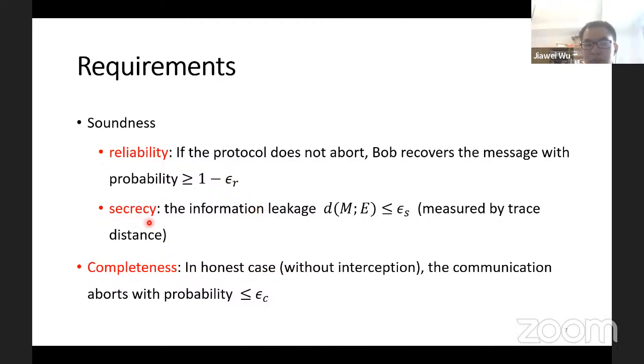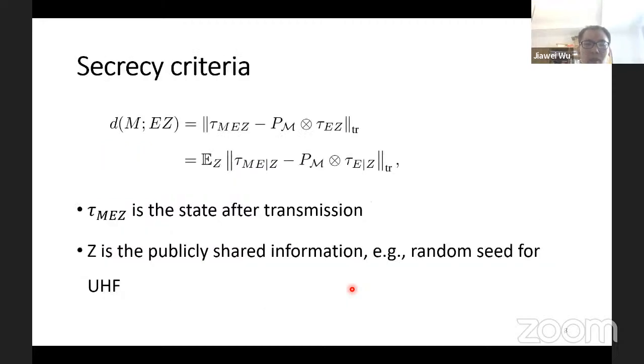The secrecy requires that the information leakage should be small, and the completeness requires that in the honest case, the communication should abort with a low probability. Our secrecy criterion is defined by the trace norm. This is also the same in quantum key distribution.